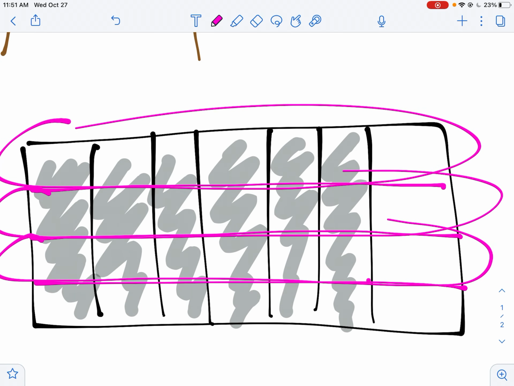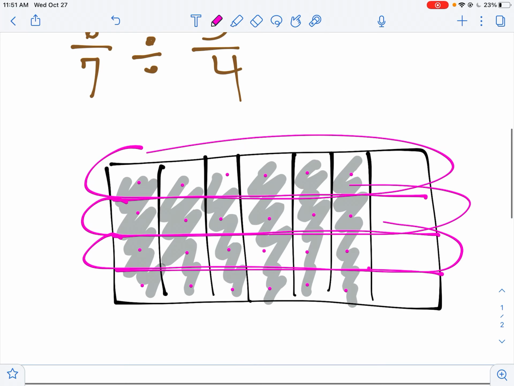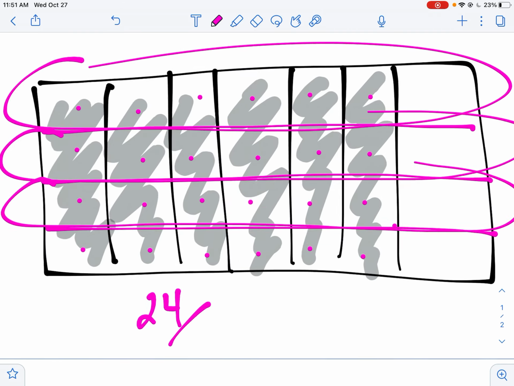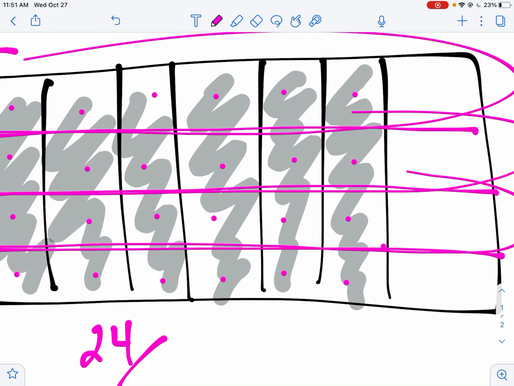Instead of having 6 pieces, I cut it up into 1, 2, 3, 4, 5, 6, 7, 8, 9, 10, 11, 12, 13, 14, 15, 16, 17, 18, 19, 20, 21, 22, 23, 24. And yes, I know there's an easier way to get there, but I think counting can be a great illustration, so I'm just showing you how you can get there. 24. All right. Now, out of those 24 pieces, how many pieces were in those 3/4, right?